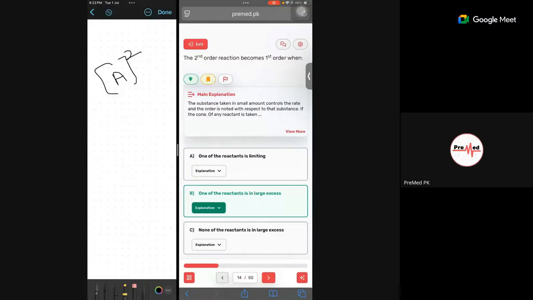Well, when one of the reactants is limiting? No, I don't think so. When the case of limiting comes, we are usually going on with the pseudo reactions. And we have read only one type of pseudo reaction, which is pseudo first order reaction. If the concentration of a reactant is some kind of constant, its concentration can be included in the rate constant.